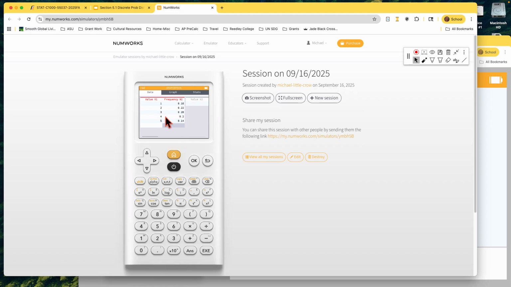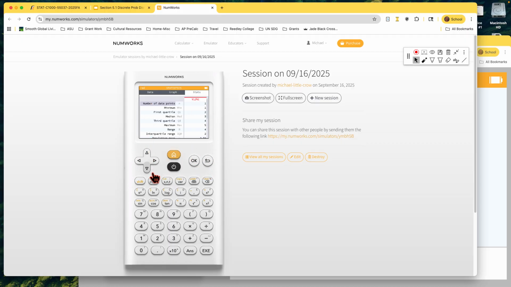So the first thing you do is come to the calculator tool. You'll go to statistics. We did this before. You'll enter your values and you'll enter the frequencies, which are probabilities now because we're randomly choosing someone out. That's all you have to do. So you do that part. And then we come over here, we go to stats, and here are our answers.